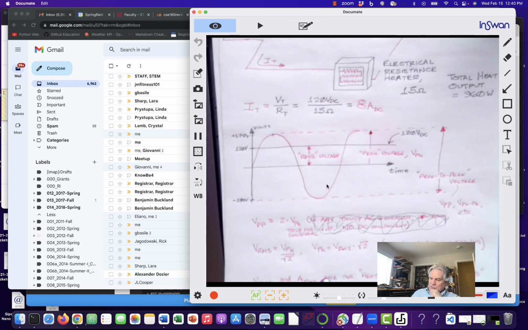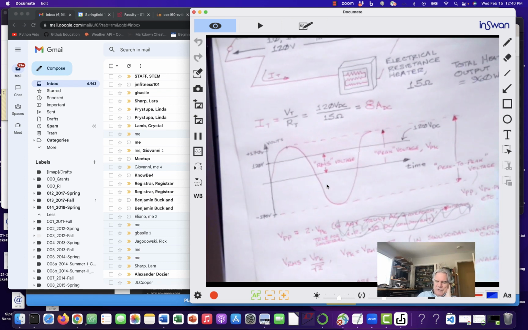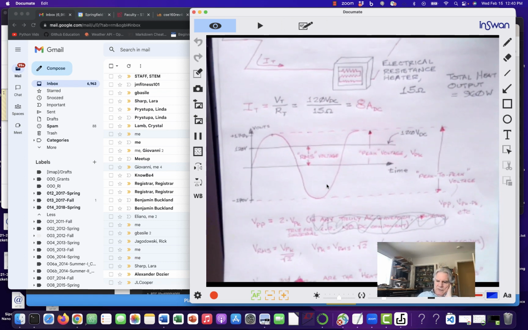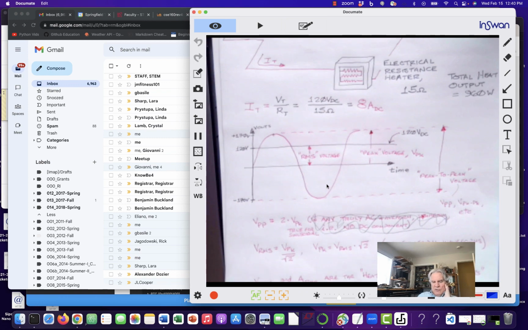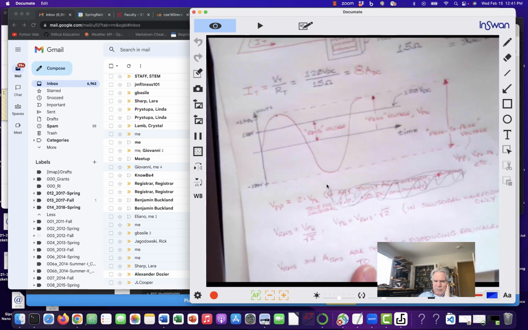Then going backwards, the V peak equals VRMS times the square root of 2. But at any rate, this relationship right here, VRMS equals V peak divided by square root of 2, is important.